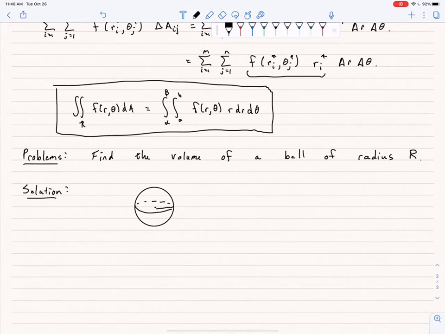One thing I can do is look at this as a region that's bounded by two functions, or even just one. If I want, I can say that the volume of this ball is equal to twice the volume of the upper half ball. So let's look at the volume of this guy first.